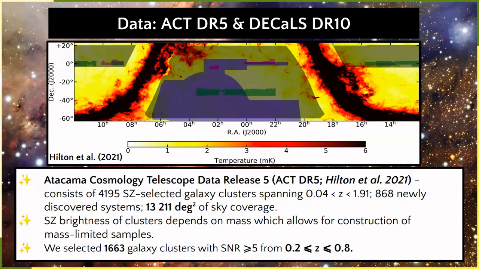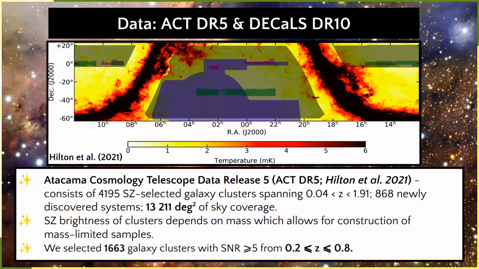So this catalog is one of the largest SZ-selected cluster samples assembled to date, spanning the range of redshift 0.04 to 1.91, consisting of 222 clusters with redshift greater than 1, 868 newly discovered systems, and all within a sky coverage of 13,211 degrees squared.